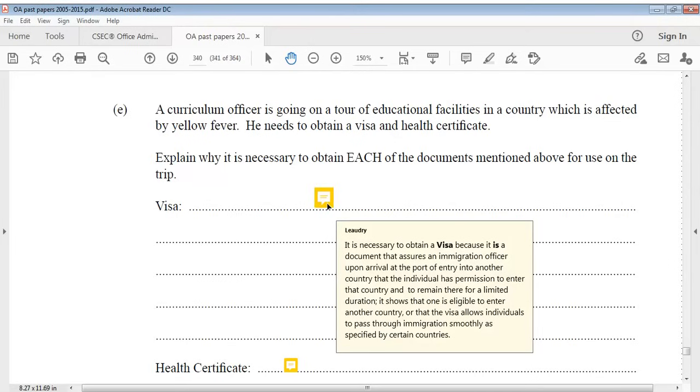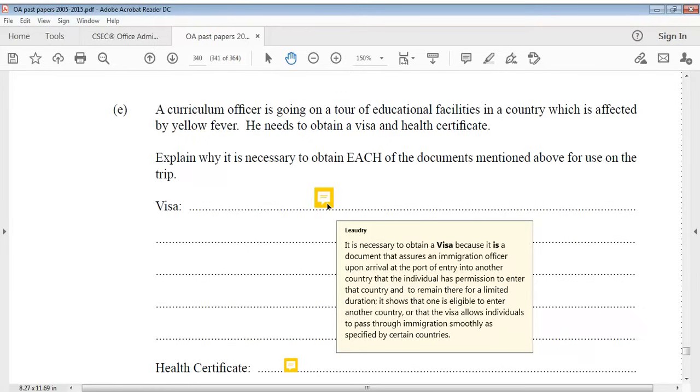Well, it is necessary to obtain a visa because it is a document that assures an immigration officer upon arrival at the port of entry into another country that the individual has permission to enter that country and to remain there for a limited duration.